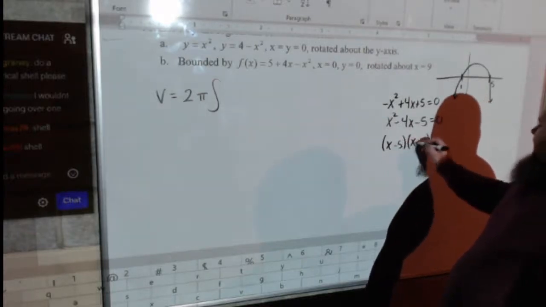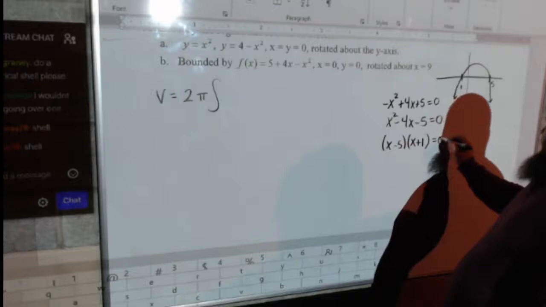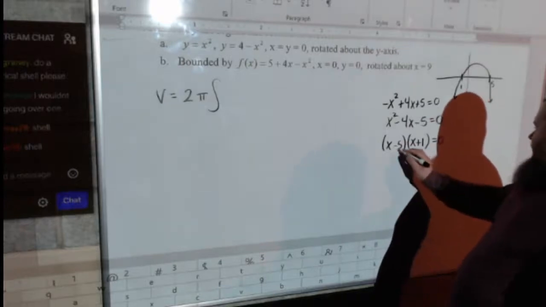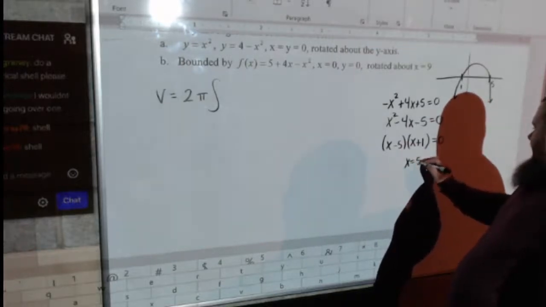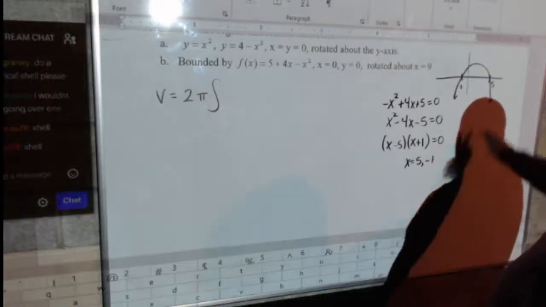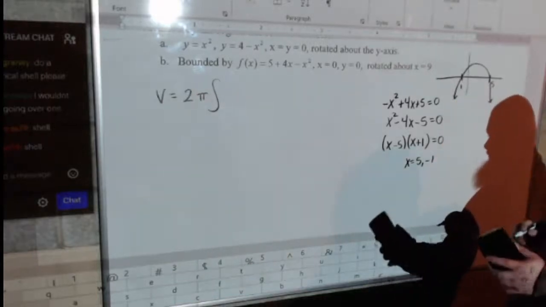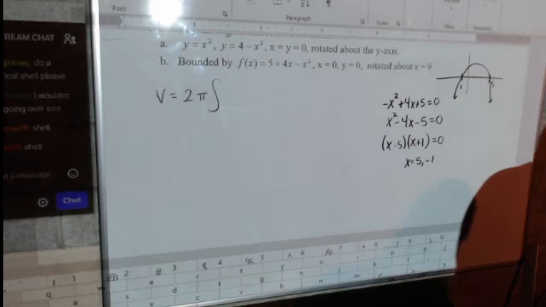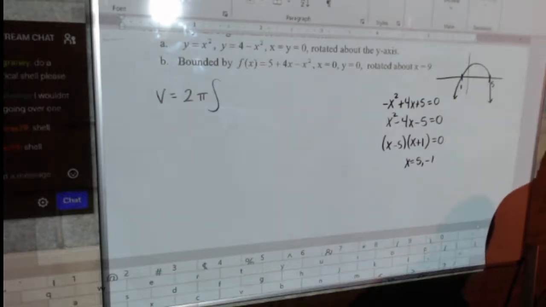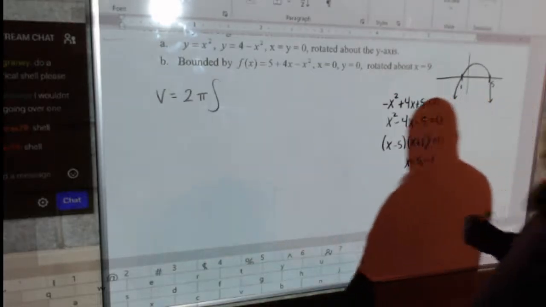That would be minus 5 and plus 1. And if we solve, we get x equal 5 and negative 1. Those are the numbers that I picked off of the graph, so that's good. That means those are my bounds.